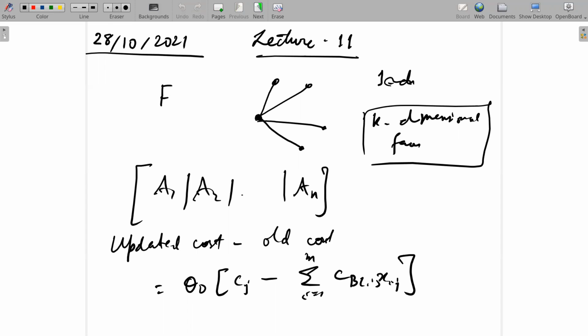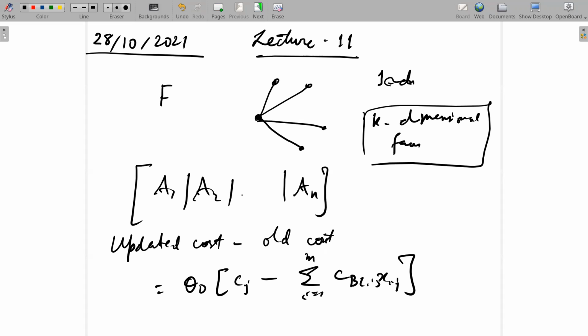Updated cost minus old cost. So if we choose the jth basic column to be added to this updated ordered basis, which would correspond to a new vertex, in that case the updated cost minus old cost is this. In order for this jth column to be useful for us, to correspond to a vertex which is cheaper, the updated cost should be less than or equal to the old cost.